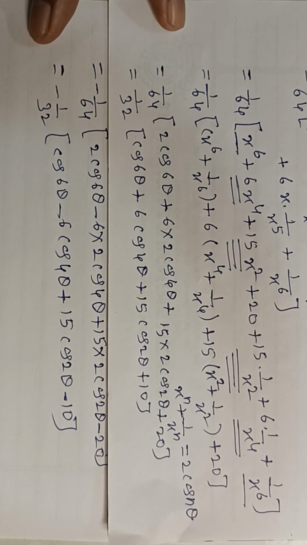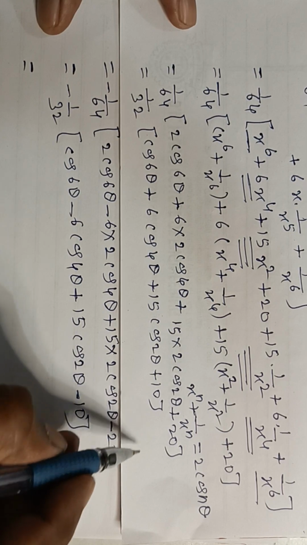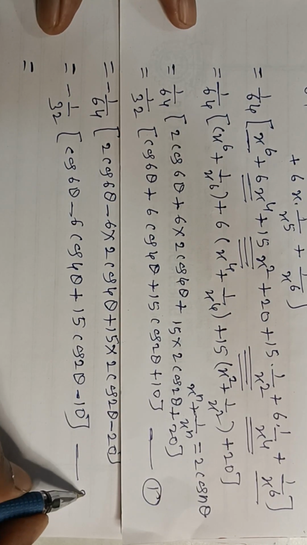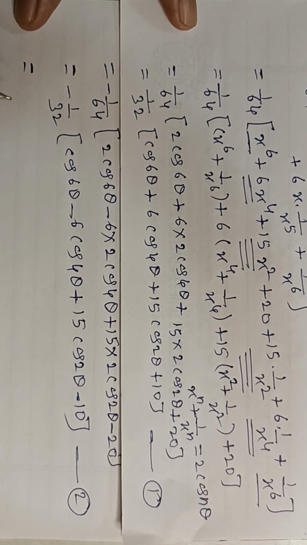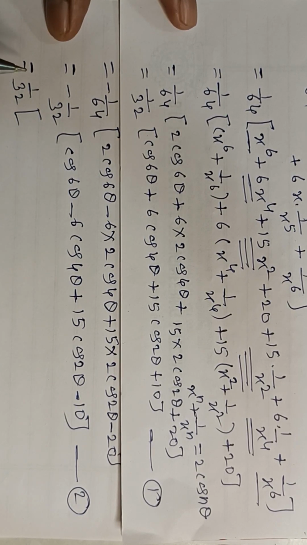So taking 1 upon 32 common, you can say this is equation 1, this is equation 2. 1 minus 2 gives, taking 1 upon 32 common, into bracket remains, minus, we have to subtract this from this, so minus minus plus.